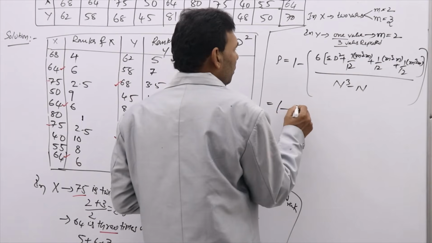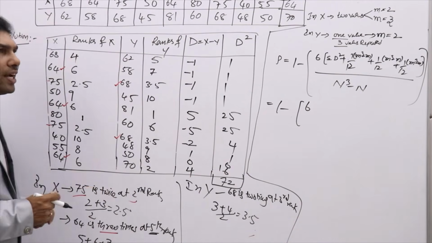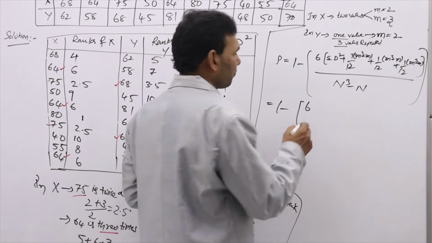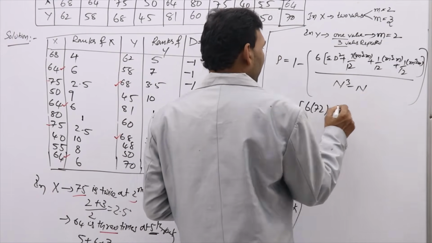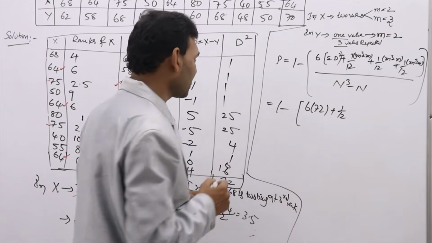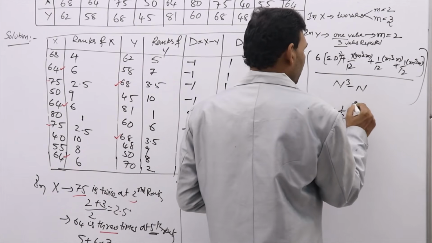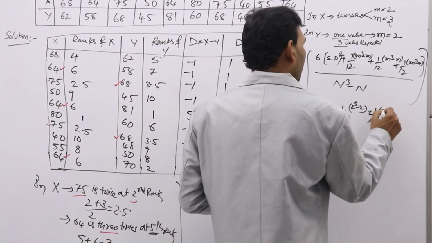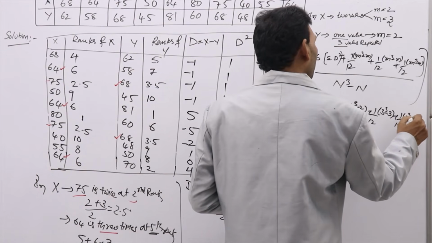Now substitute 1 minus 6, sigma d square value 72, into 72 plus 1 by 12 m cube minus m. 1 m is 2, 2 cube minus 2. 1 by 12 3 cube minus 3. 1 by 12 2 cube minus 2.